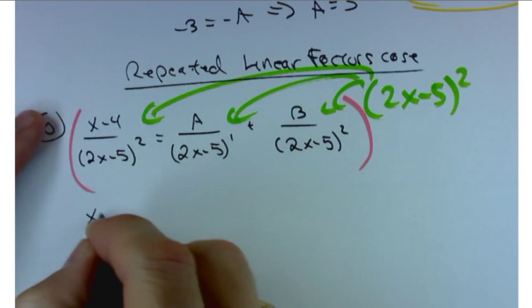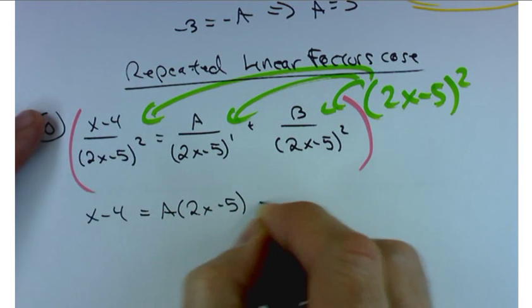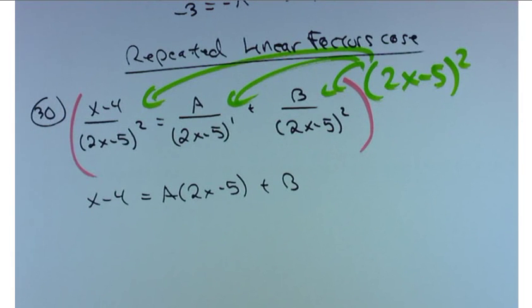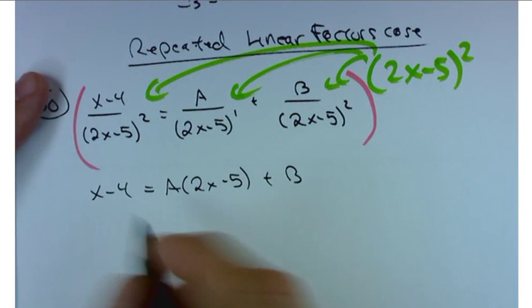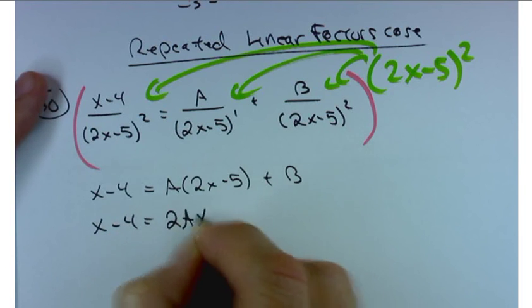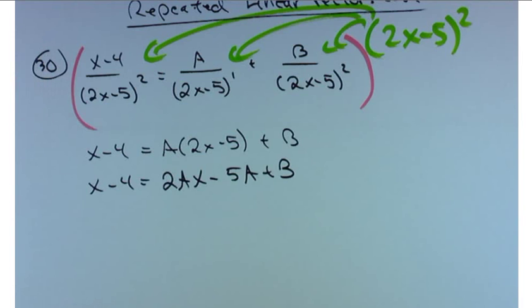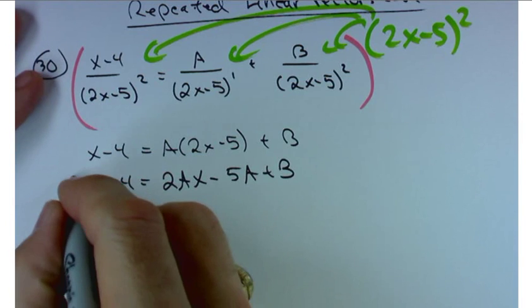When I do, I'll get x minus 4 equals A times (2x minus 5) plus B, which isn't too bad of a system of equations that it's going to lead to. So let's see here. It's going to be x minus 4 equals 2Ax minus 5A plus B. Now see if you can line this up and determine your system of equations. Keep in mind that out in front of the x here is a coefficient of 1.